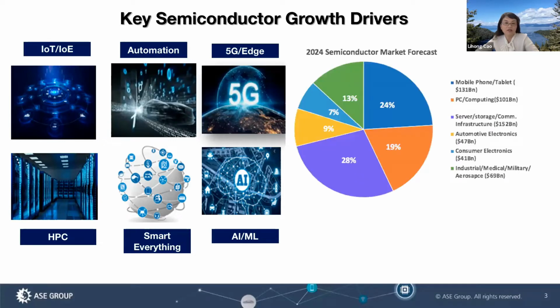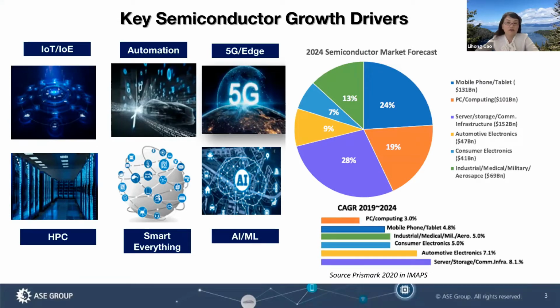Based on the Prismark report, in 2024, mobile, PC, computing, server, and communication infrastructure are still the key drivers to dominate the semiconductor industry. Especially, the strongest growth will be from server, storage, and communication infrastructure, with a CAGR of about 8.1%, and automotive with a CAGR of 7.1% from 2019 to 2024.